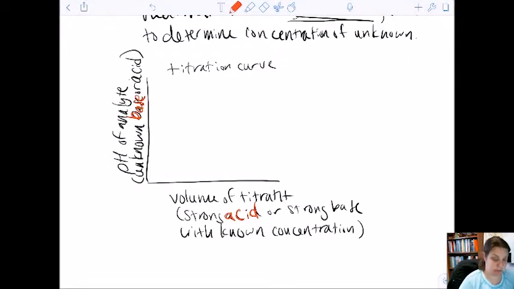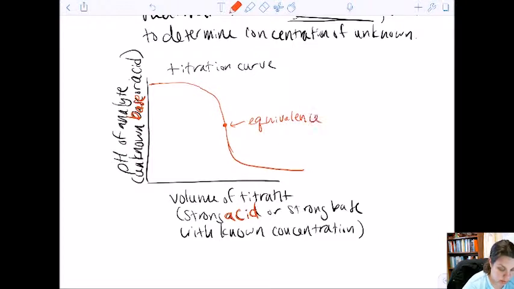We're looking at the pH of the base analyte, so it's going to start up high, and then it's going to go down as we add in our titrant, or our acid, until we reach what's called an equivalence point. And this is when our OH minus equals our H plus.